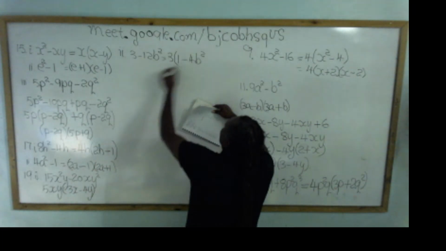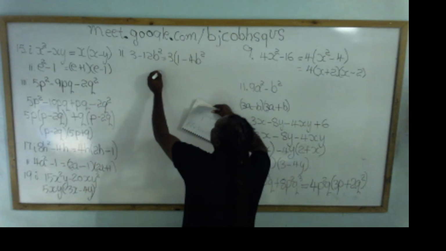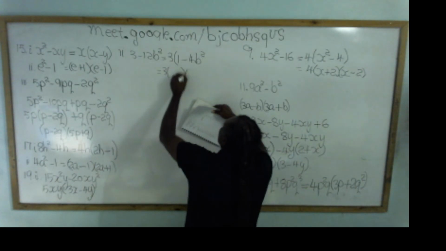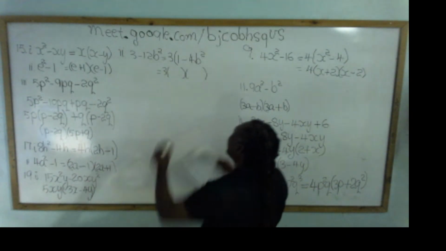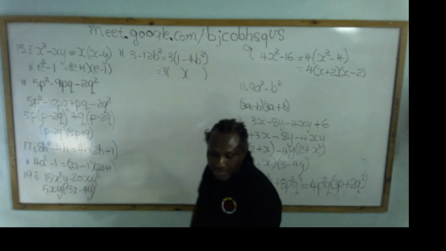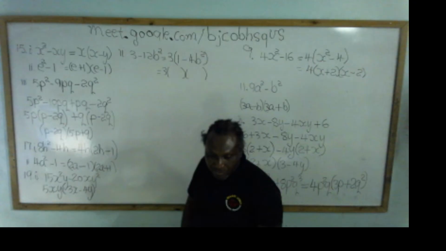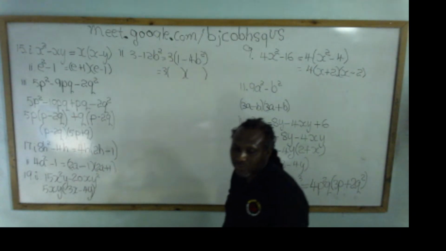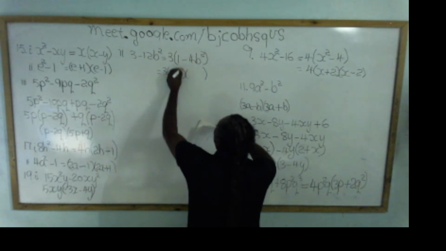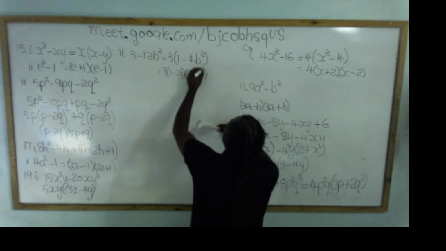So 1 minus 4b squared is the difference of 2 squares. So your factors will be 1 minus 2b, 1 plus 2b.